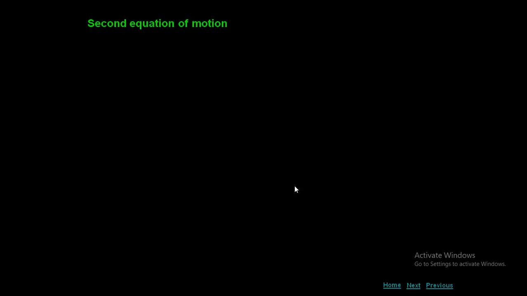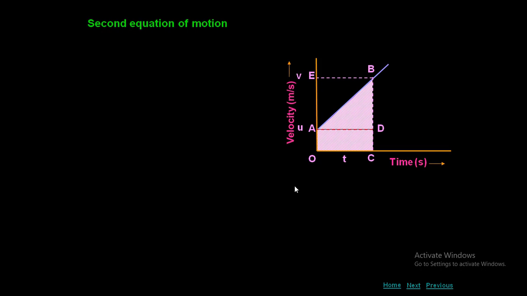Second equation of motion. Again taking the same graph, in order to derive the second equation of motion, I am going to consider the area of the trapezium, because I want to find the distance or displacement traveled by the body. From a velocity-time graph, whenever you want to determine the distance or displacement, we have to find the area under the given curve.